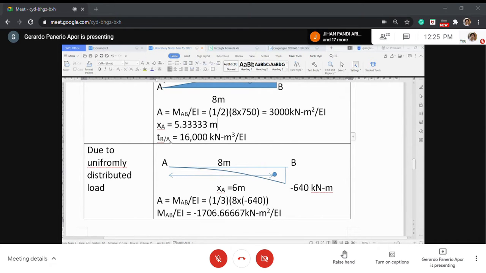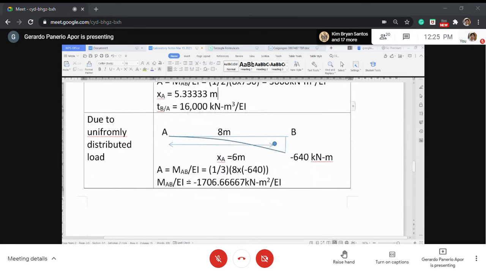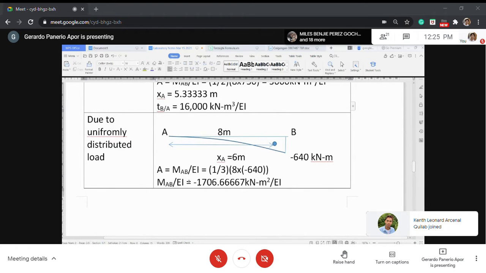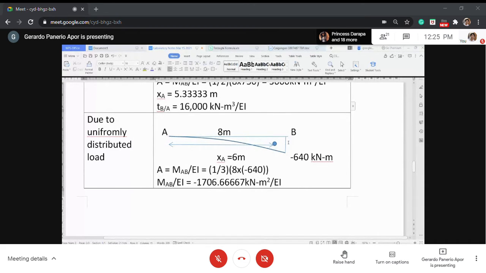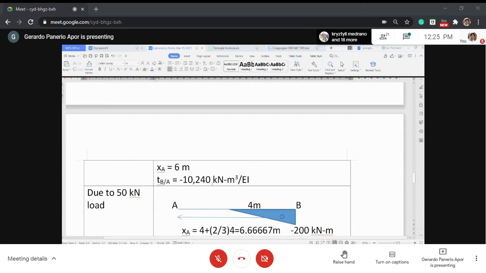But we are talking about the tangential deviation from B to A, so it's not simply an area, but the area of the M over EI diagram multiplied by the distance of the centroid of the moment diagram from A to B with respect to point A. Since this is a spandrel of a parabola, this distance is 2, so what is left is 6 meters of the 8-meter long beam AB. So you will have negative 1706.6667 multiplied by 6, which becomes negative 10,240 kilonewton meter cubed over EI.